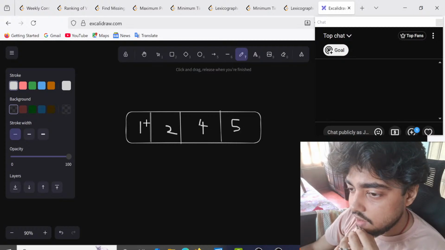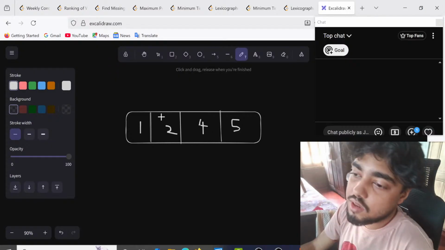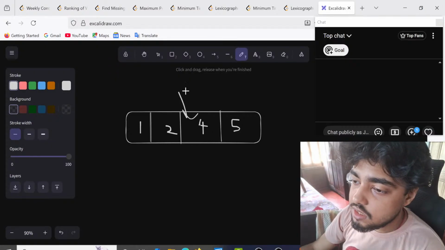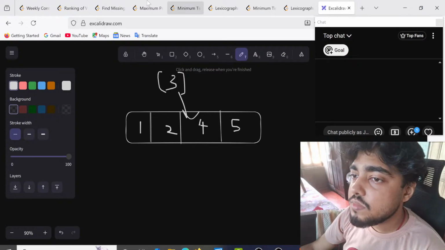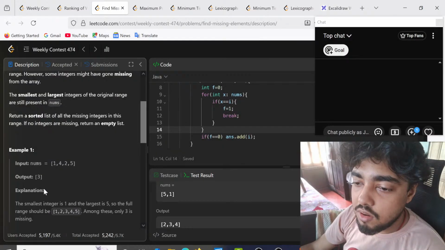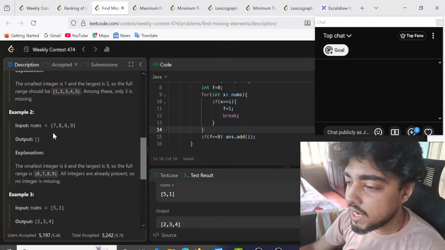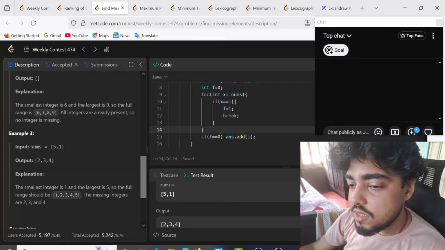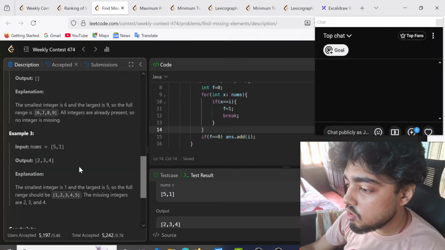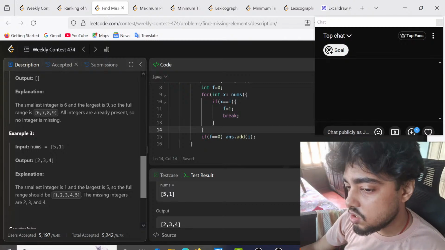So 1 and 5 are there, but some numbers are missing in between 1 and 5 in the array. Over here it is clear that it is 3, so we have to return a list of 3. Similarly for this one, 7, 8, 6, 9, if sorted it becomes 6, 7, 8, 9, and none of them are missing. For this 5, 1, all the numbers between 1 and 5 are missing, that is 2, 3, 4.